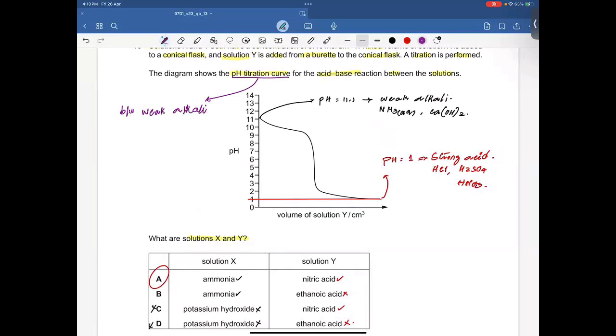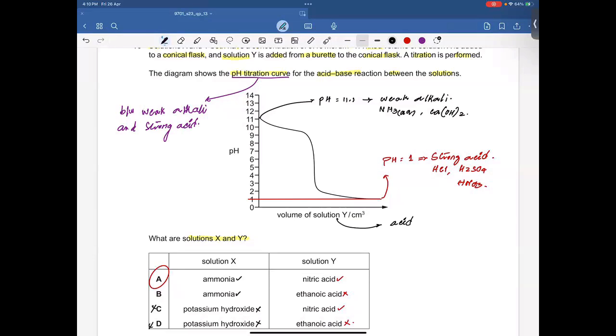If you remember, I have discussed this in extreme detail in the class, and I have given you this sketch as well, how to plot this sketch and how to get this vertical section of the graph. So this titration takes place between a weak alkali and a strong acid, and solution Y is your acid.